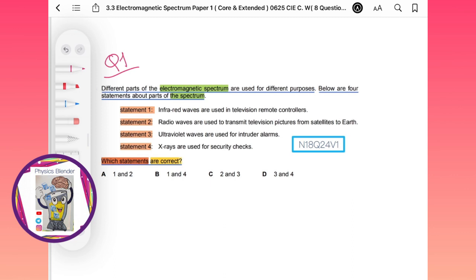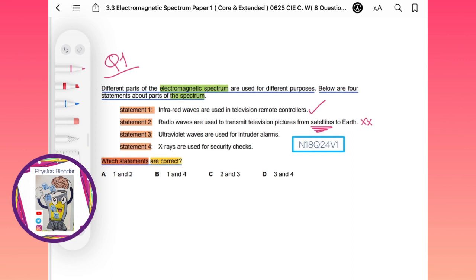Let's discuss each one. Infrared waves are used in television remote controls, right? Radio waves are used to transmit television pictures from satellites to Earth. No, this is incorrect because microwaves do this. Ultraviolet is used for intruder alarms.